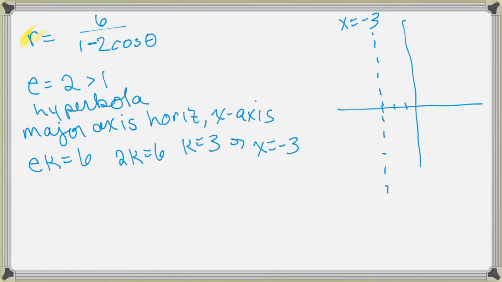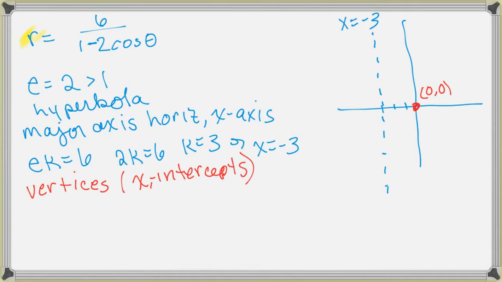Now remember, we know that the focus is at the origin. But we could also find that ourselves after we find some vertices. So let's go ahead and find the vertices. Here the actual vertices are going to be the x-intercepts, because x is the major axis, right?